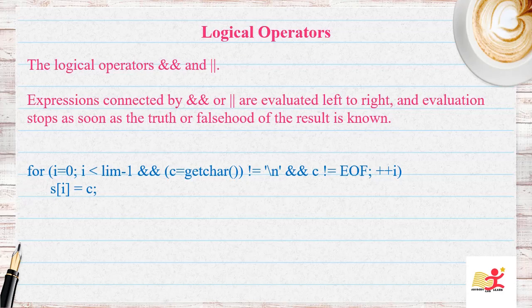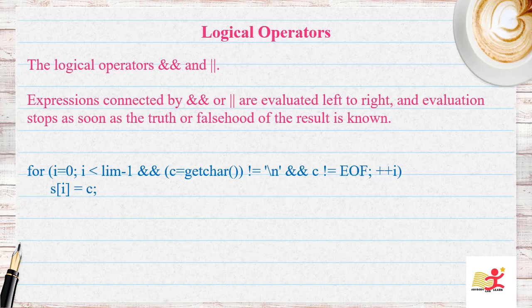Similarly, it would be very unfortunate if c were tested against EOF before getchar is called. So here we have the condition check for the second condition, c = getchar() not equal to '\n'. Only if that condition is true will c be checked against EOF.